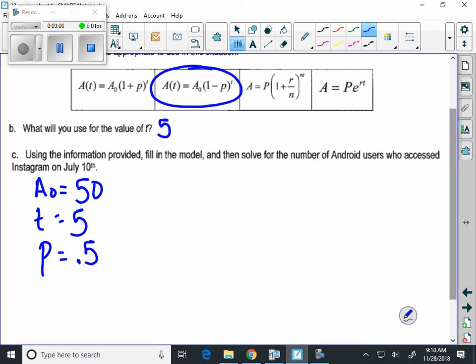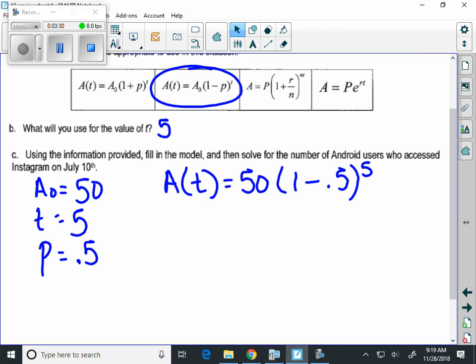So once we know that information, we've got the right formula, we can come up with our answer here. The amount based on time is the 50 million users times 1 minus 0.5 to the 5. So too many 5s in that problem, but let's type it into our calculator.